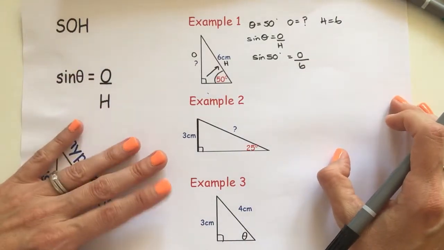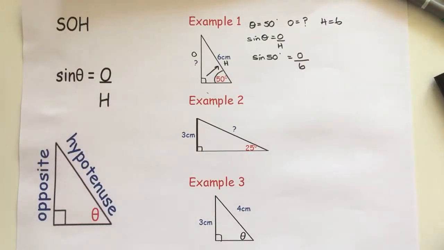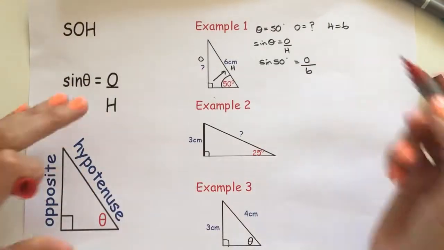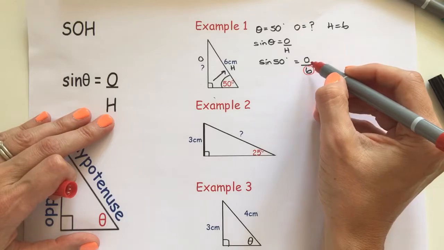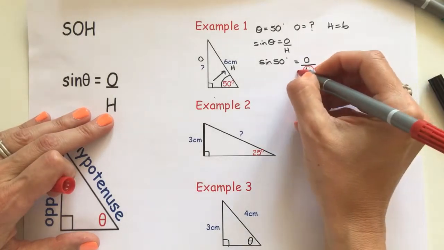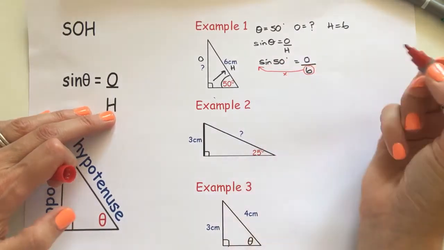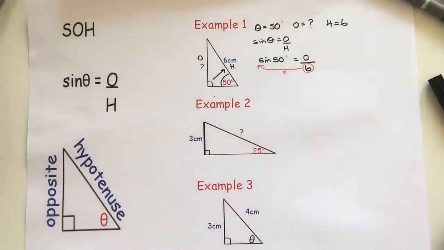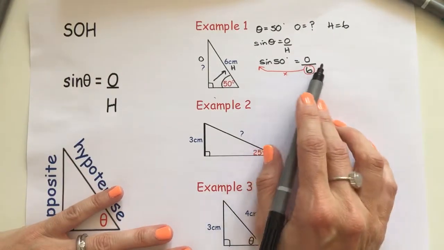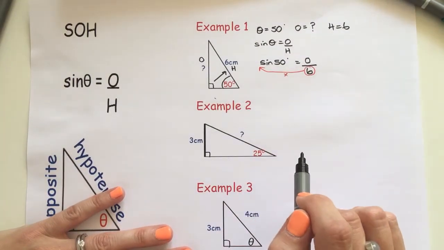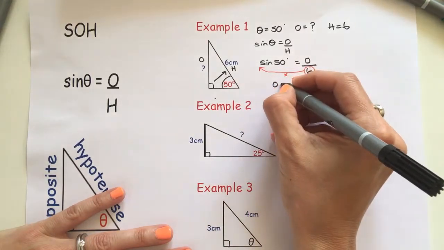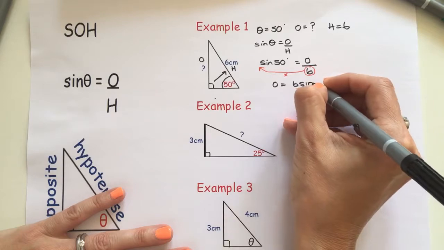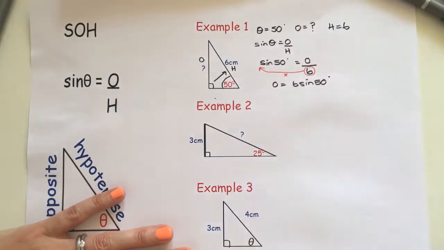Now I need to rearrange this formula. Just like other rearrangements, to make O the subject I'm going to have to multiply across the equal sign, because it's dividing the O at the minute, so I need to do the opposite, which is to multiply. So O equals 6 sin 50 degrees.